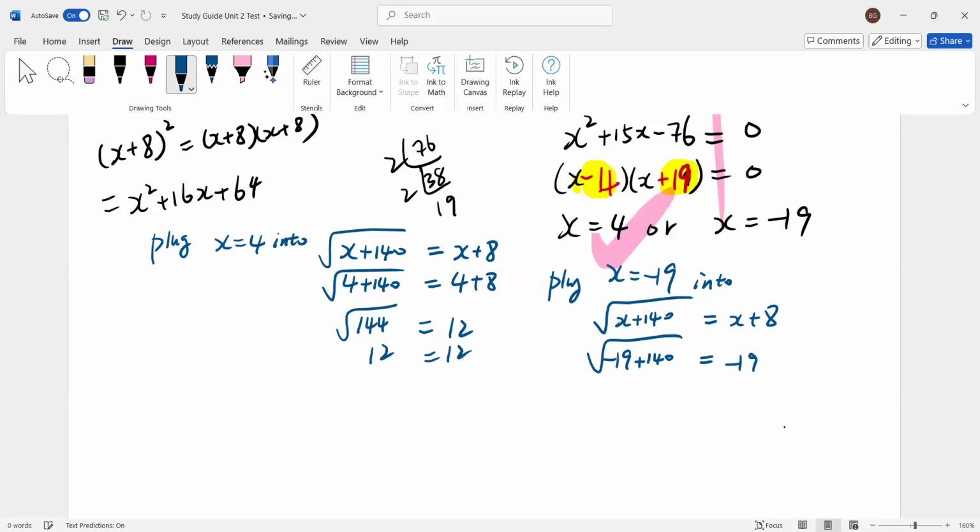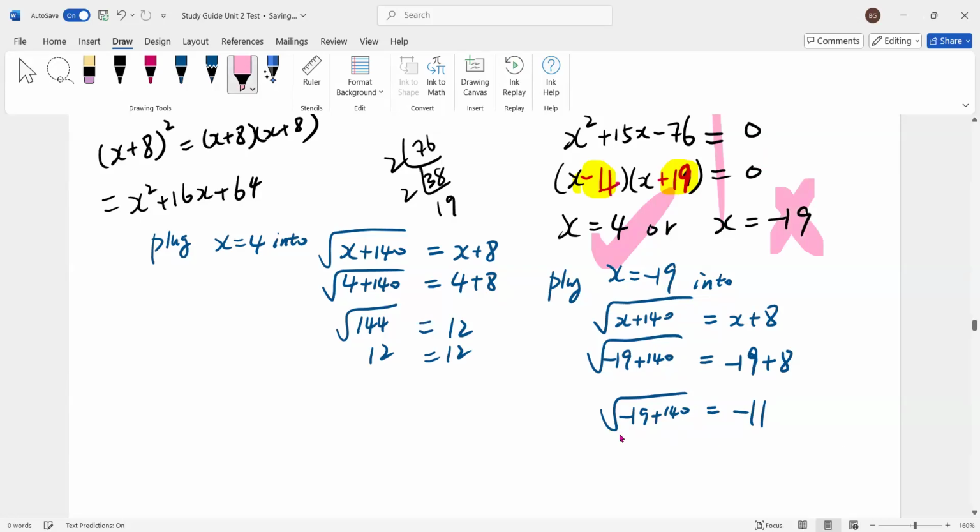Okay, I think I don't have to continue. We can tell very clearly now. Negative 19 plus 8 is going to be a negative number. It doesn't work. So this one is extraneous.